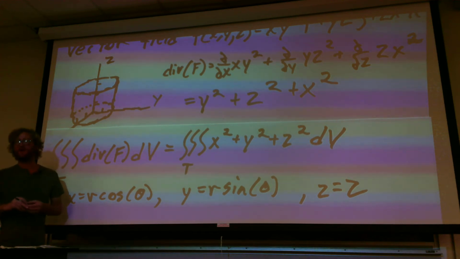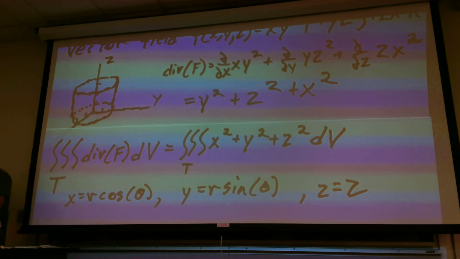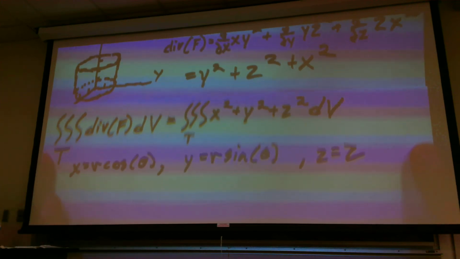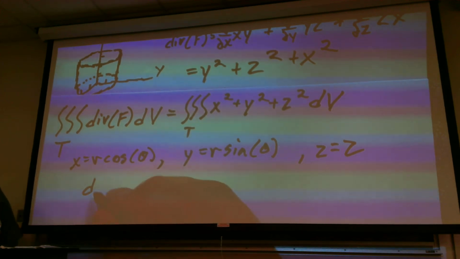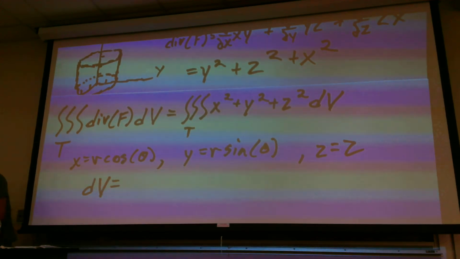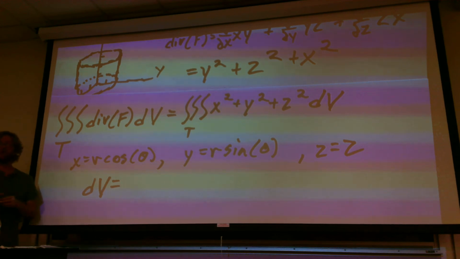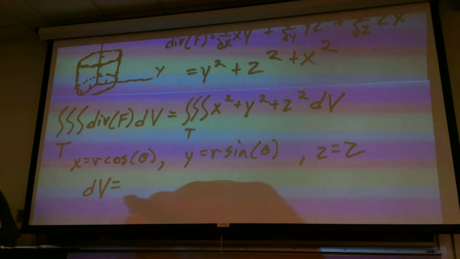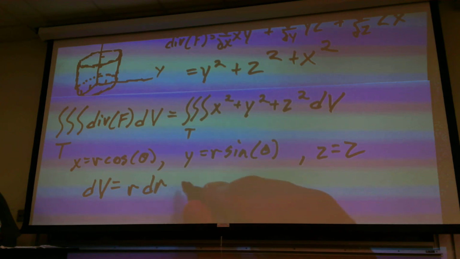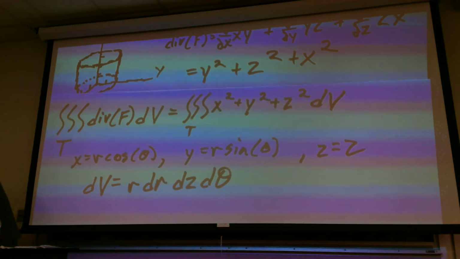Okay. And also remember that according to the Jacobian, dV, now this is not unique in the ordering that I'm going to write this, but I'm going to write it like this: r dr dz d theta.